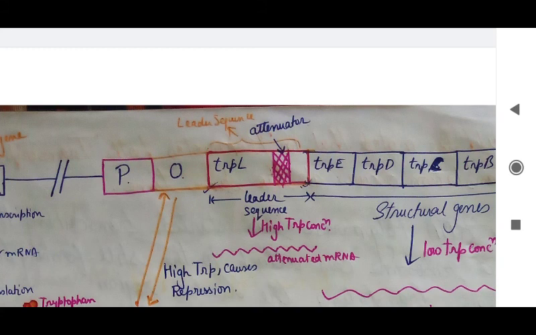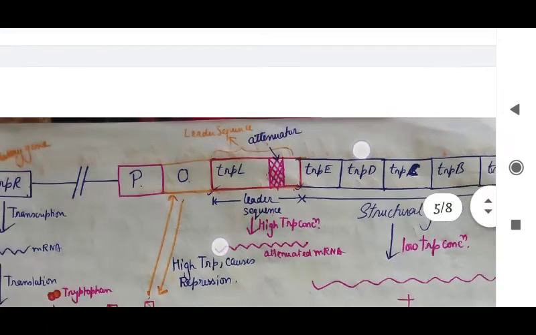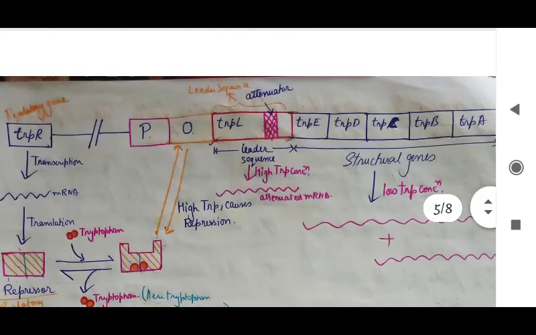Within this leader sequence, there is another region called the attenuator. The attenuator does not code for protein, but when it is transcribed into mRNA, it can fold onto itself to form various hairpin loop formations.